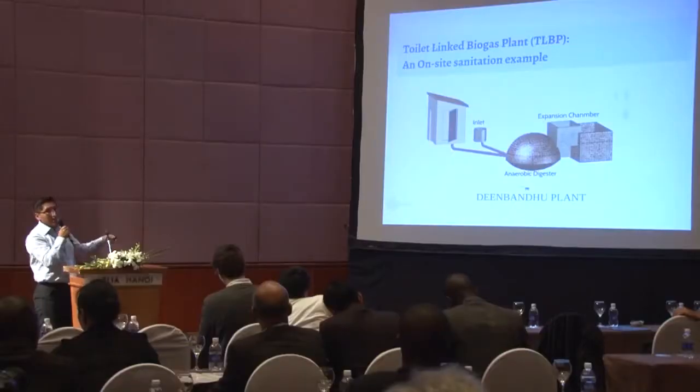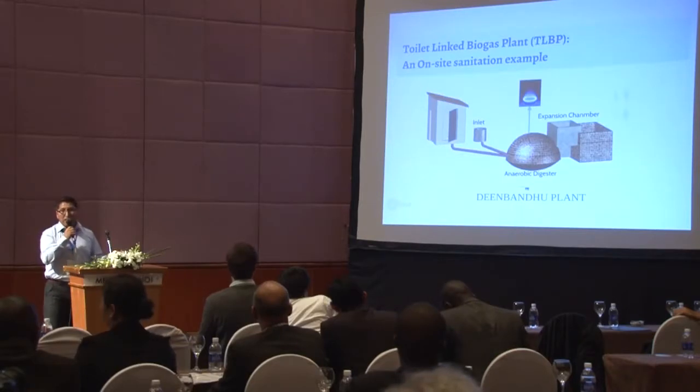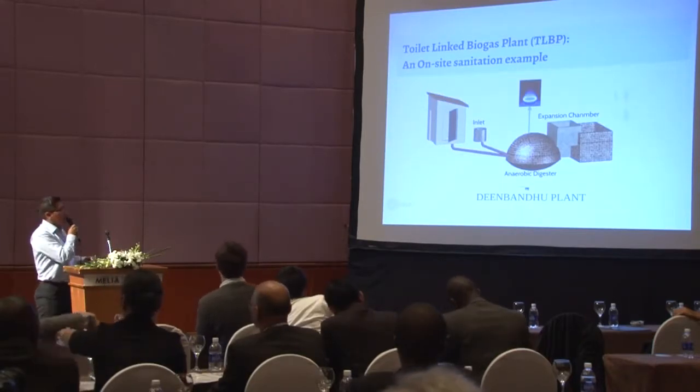In this specific case, what we did, we linked the toilet to this existing system. That's why it's called toilet-linked biogas plant. This system is quite good because it produces enough energy for cooking, and it's quite simple.